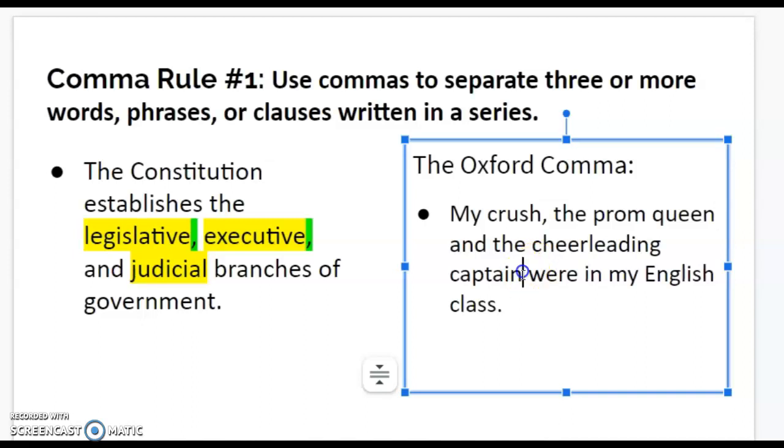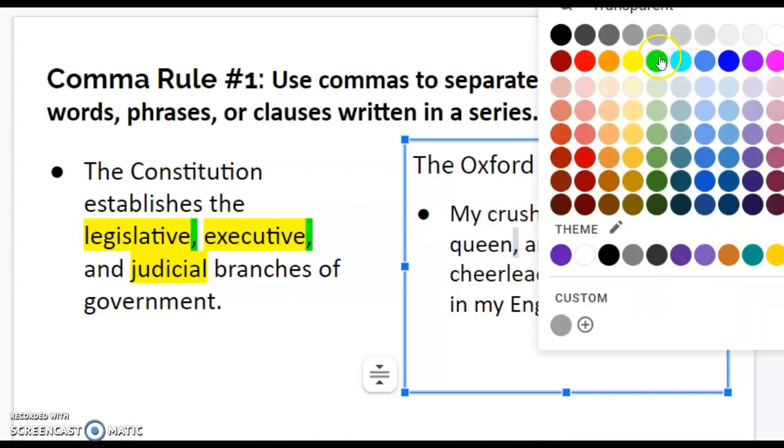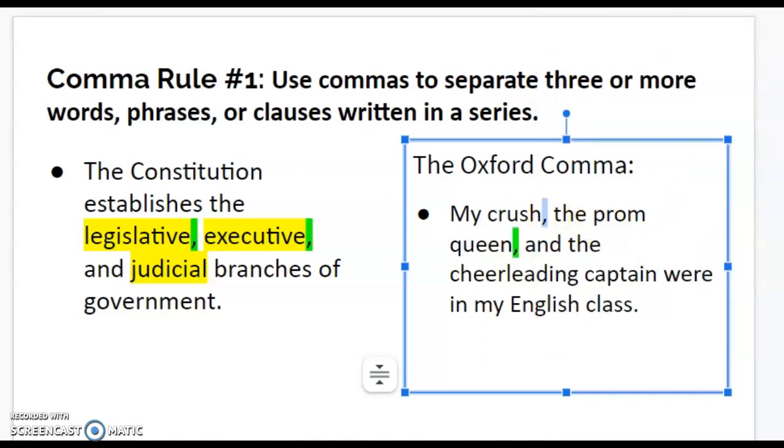Okay, and to make that correct, you'd put the comma here, and then I would know that the crush was the prom queen and also the cheerleading captain. However, it just brings some confusion if you leave that out and I'm the reader. So that's why I always put the comma in, so if I run into those weird scenarios, that it's clear that those are 3 different people I'm describing. Okay?